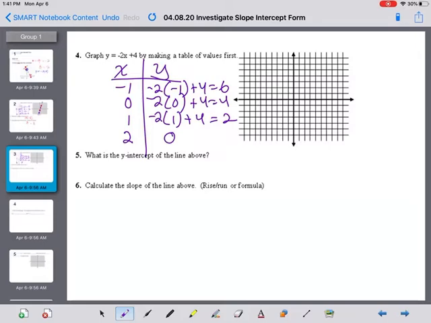So graph those. (-1, 6), (0, 4), (1, 2), (2, 0).